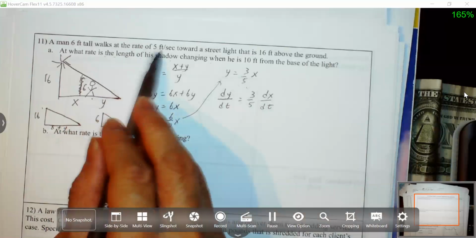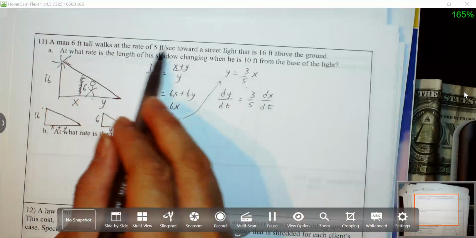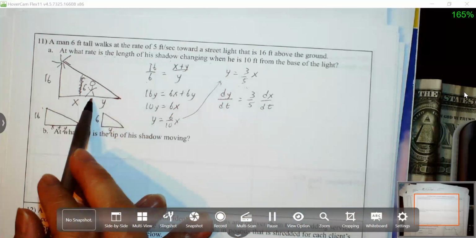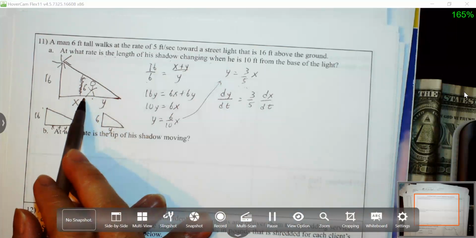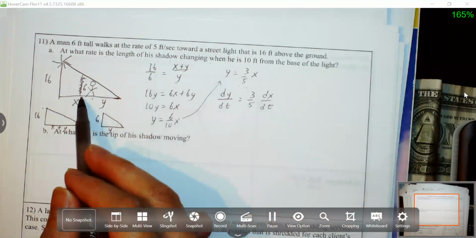But our dx/dt is 5 feet per second. It says a man 6 feet tall walks at a rate of 5 feet per second towards a street light. If he's walking towards the street light, then x is getting smaller.